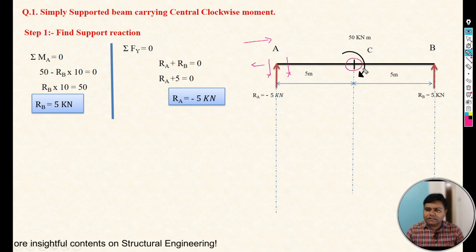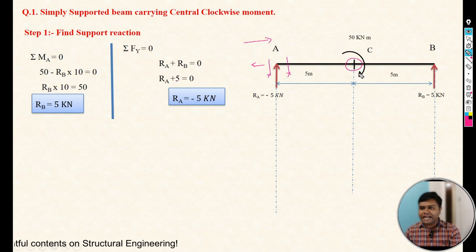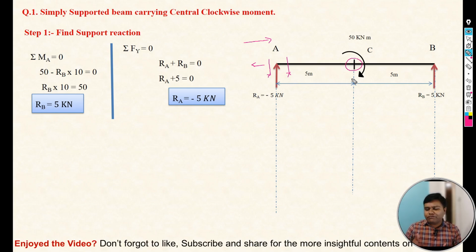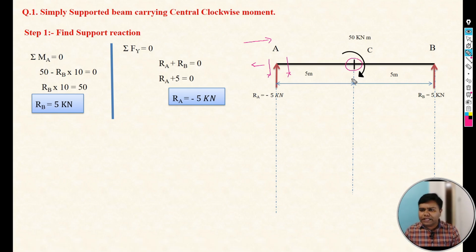Another most important thing: if you remember, in the last video or in the standard case, we do not calculate shear force at point C. The most important thing is that when a force is there, whether it is a point load or a UDL, only then do we need to take the shear force at that point.